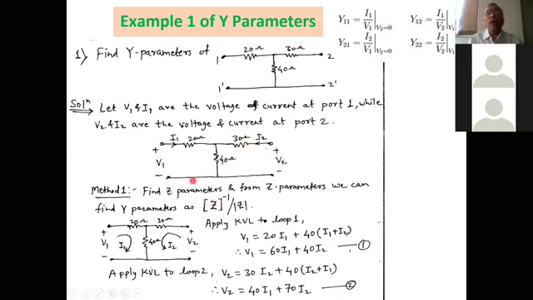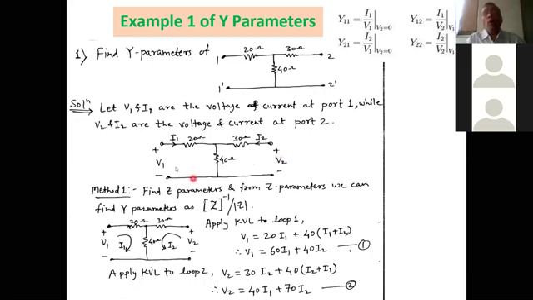So this is the actual circuit diagram which is given to you, a network, and for this network you want to find its Y parameters. Now, as I told you for Z parameters, there are n number of methods to solve this problem. The same number of methods are there to solve this problem also.